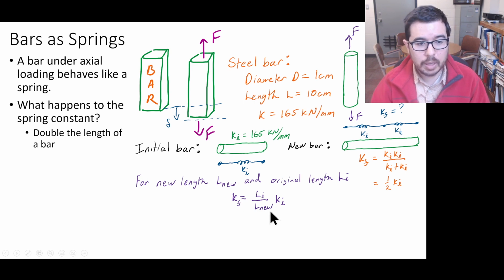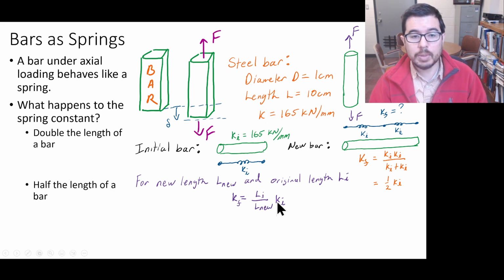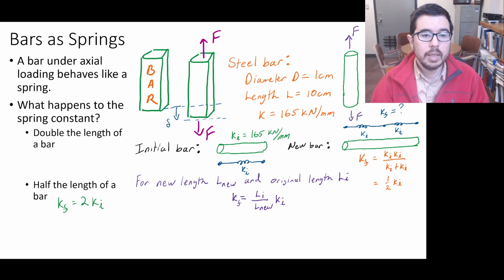So we doubled the length, right? Since this is Li and this is 2Li, that's going to be 1/2 times the original spring constant to get us a new one. If we halve the length of the bar, well, the opposite will occur, we're going to double the spring constant.